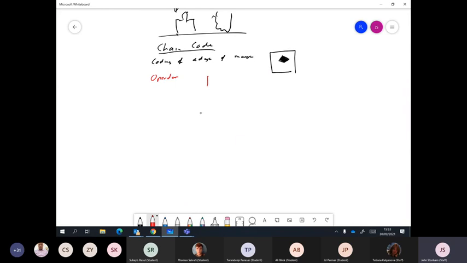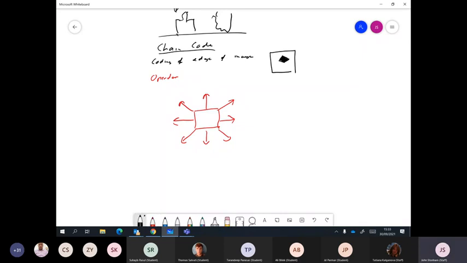Right, the operator, let's see if I can pick it up from there. The operator is a single pixel, and you simply note the directions of the neighboring pixel. And there's going to be 8 of them. Those are the 8 directions.